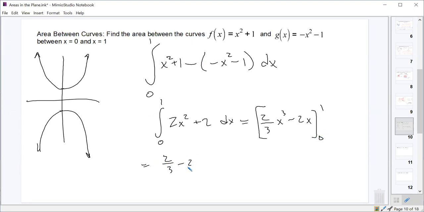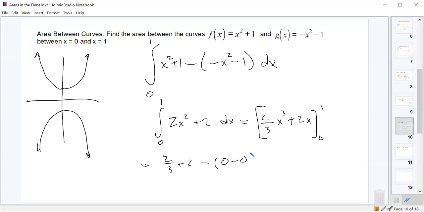Or 2/3 plus 2, and then minus 0 minus 0.